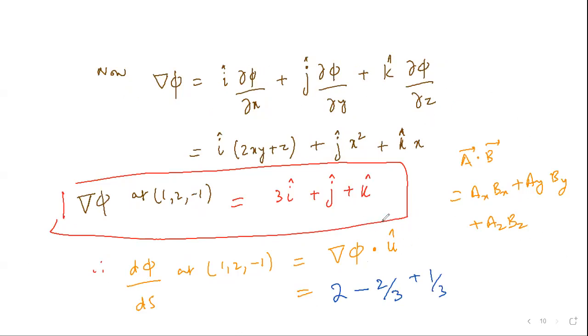It's 2 minus 2 by 3 plus 1 by 3, which is 5 by 3.